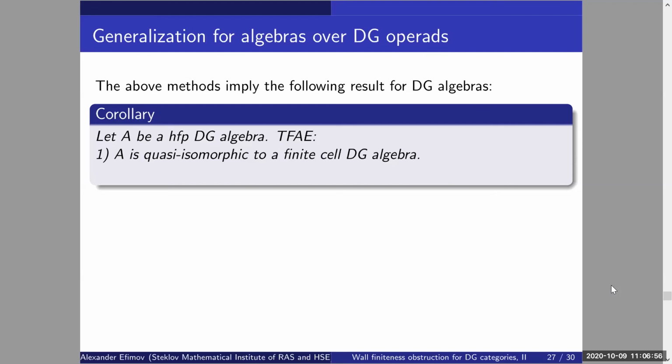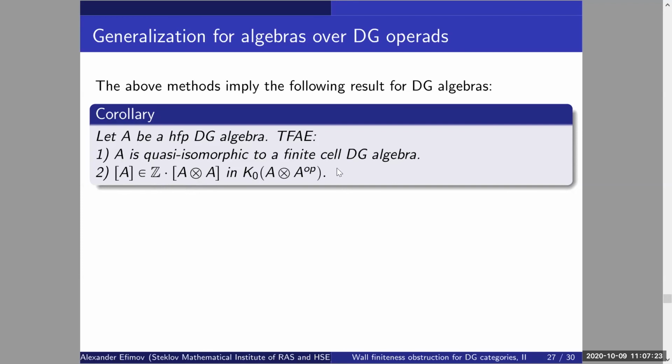For a homotopically finite DG algebra, the following conditions are equivalent. The first is that A is quasi-isomorphic to a finite cell DG algebra. And the second is that the class of the diagonal bimodule is an integer multiple of the class of the free bimodule of rank 1. This looks completely unnatural from the categorical point of view; it happens very rarely.